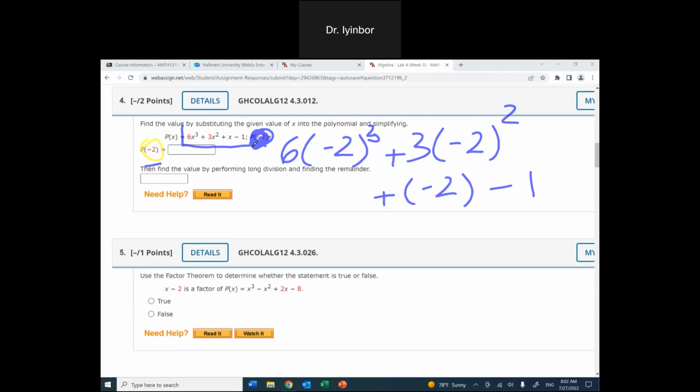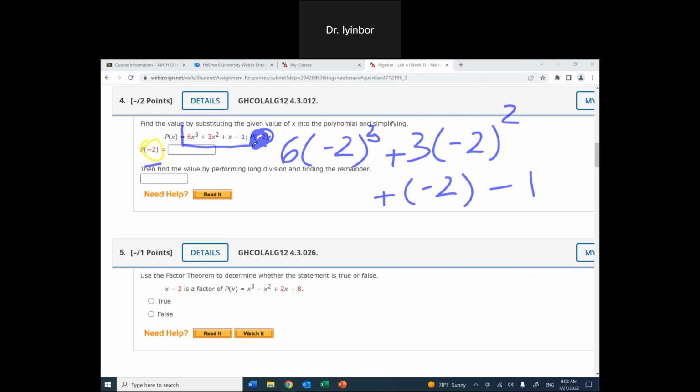For the negative 2, make sure you use the little negative key on your calculator. I'm just plugging that in right now. And I get negative 39.